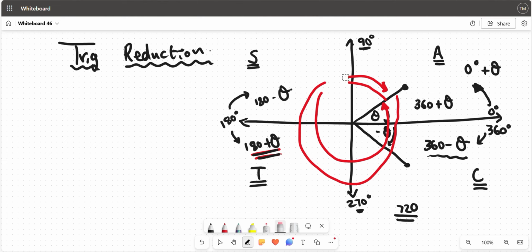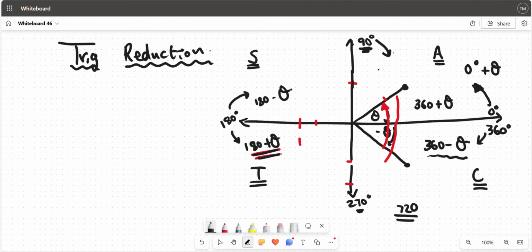I won't really show you where it comes from. I'll just give you the rule. So let's say we were reducing for 90 degrees, right?